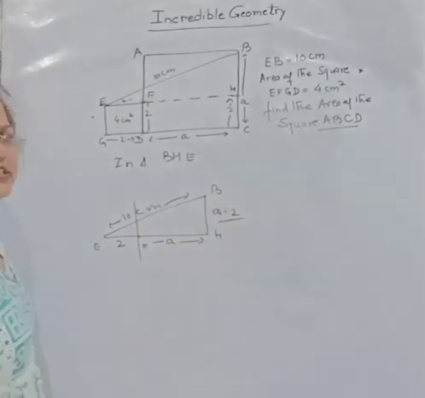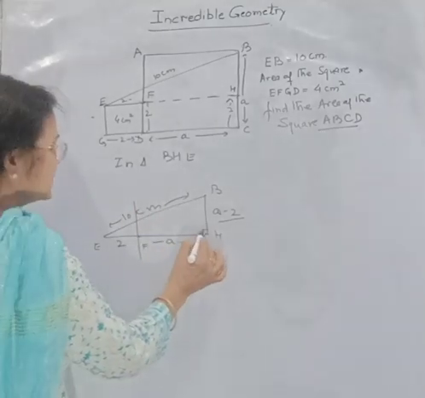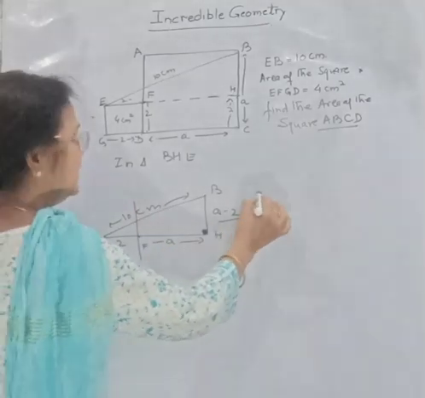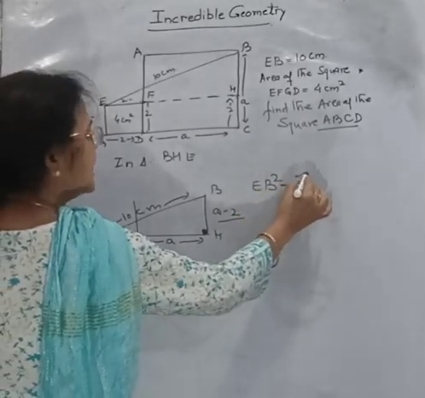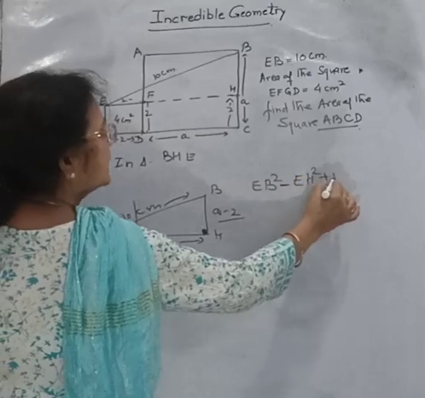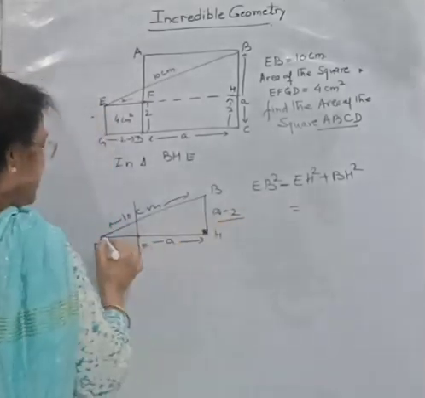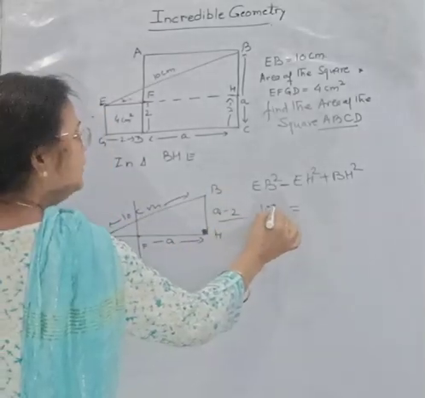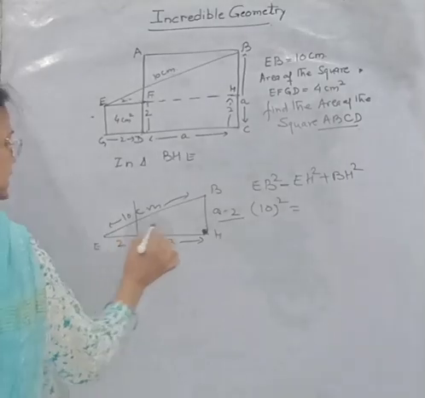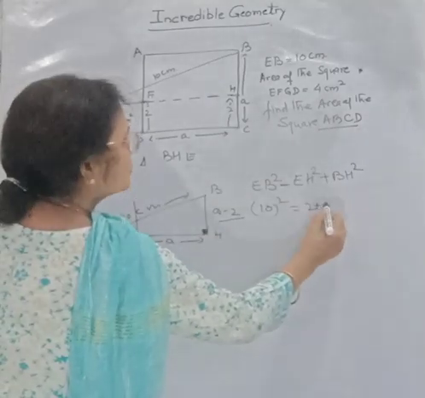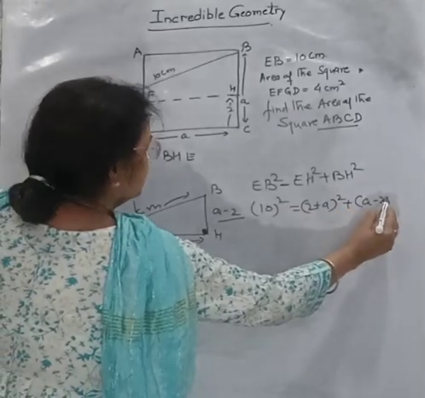Now a simple equation is there and we can find the value of A. Applying Pythagoras, because this is a 90-degree angle, we can say that EB square will be equal to EH square plus BH square. It means 10 squared, 100, is equal to EH squared, where EH is 2 plus A, whole square, plus A minus 2, whole square.